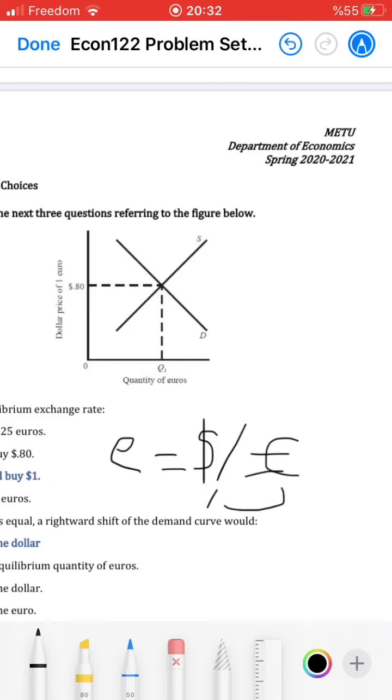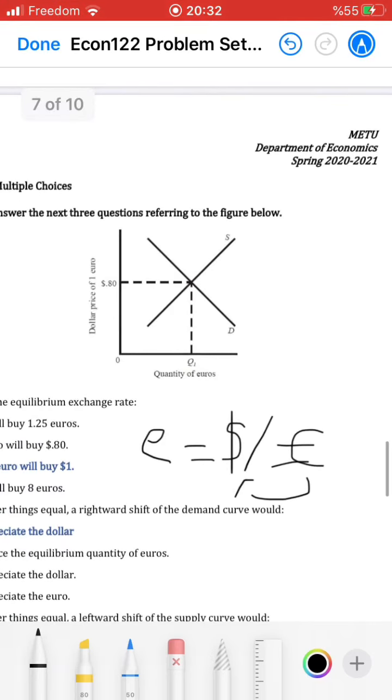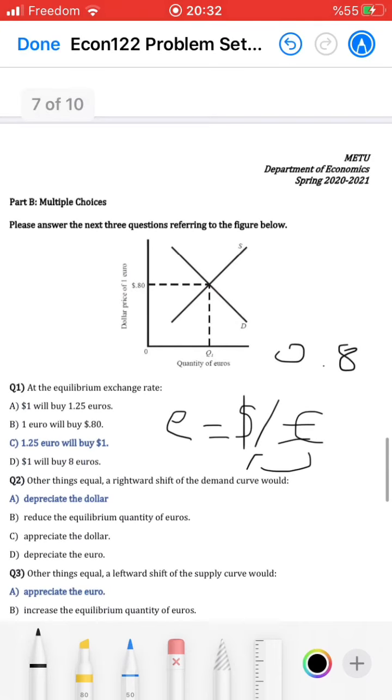It is 0.8, right? 1 euro will buy $0.8. So a dollar is more valuable than a euro. This is not in accordance with the real world. In the real world, the euro is more valuable, but let's assume the dollar is more valuable here.